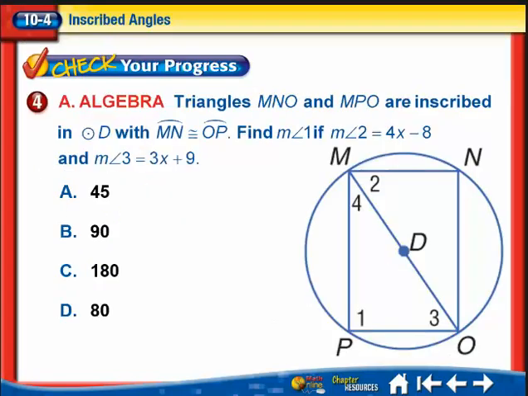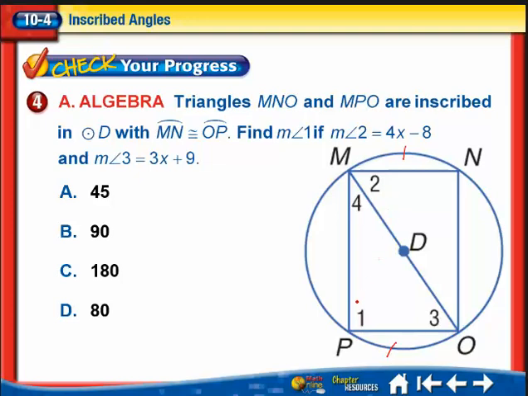Let's do one more here and then we'll move on. Triangles MNO and MPO are inscribed. MN is congruent to OP. Find the measure of angle 1 if the measure of angle 2 is 4x minus 8 and the measure of angle 3.